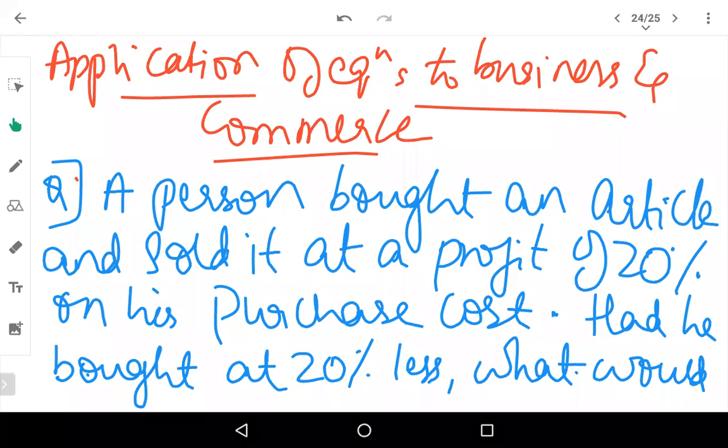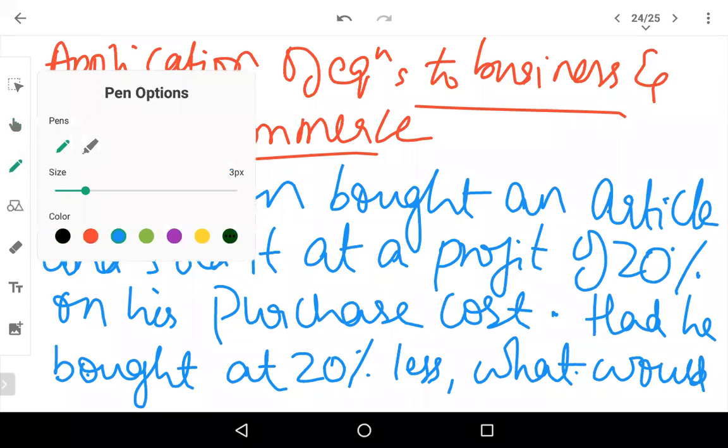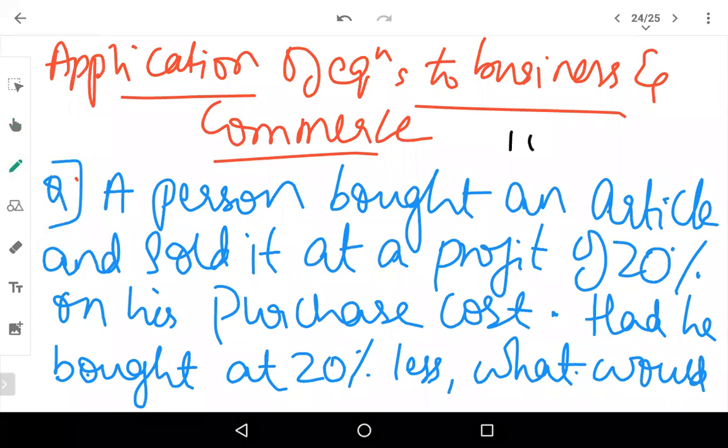Now he is adding 20% profit on that 100 rupees and selling it at 120 rupees. So that is what the first sentence means.